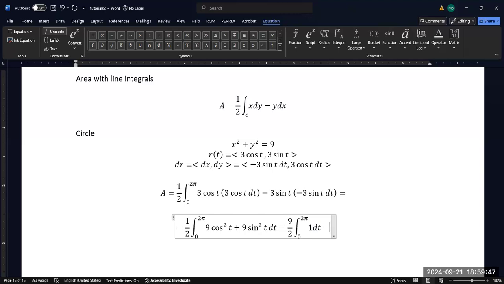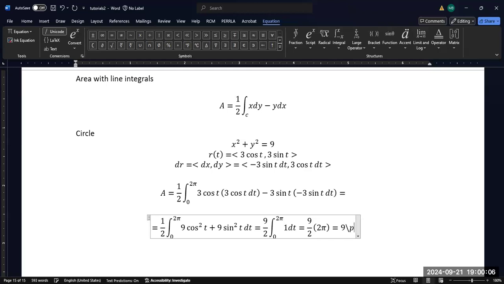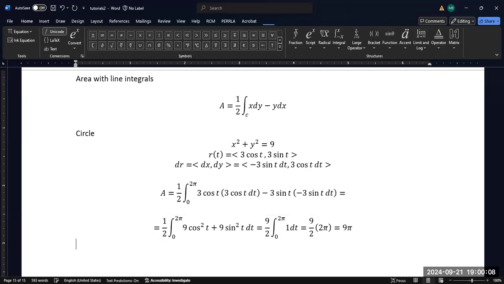And what is our integral? Well, 1, the antiderivative is t. We plug in our limits of integration. T becomes 2 pi minus 0. And so we get 9 over 2 times 2 pi, which is 9 pi. Now, this was a circle of radius 3.